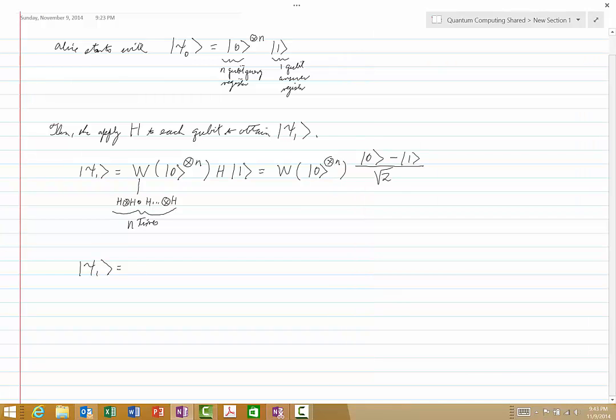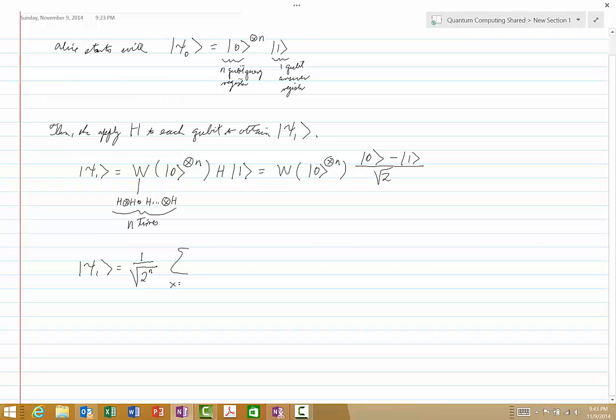So let's plug that in. We have 1 over the square root of 2 to the nth power, and then we have a summation over x.